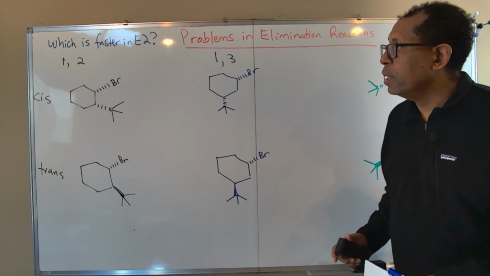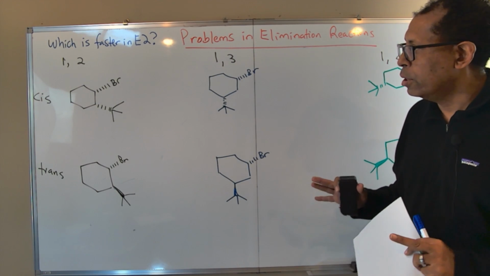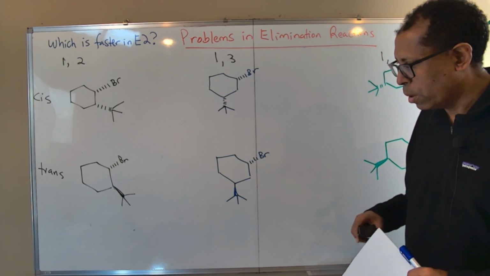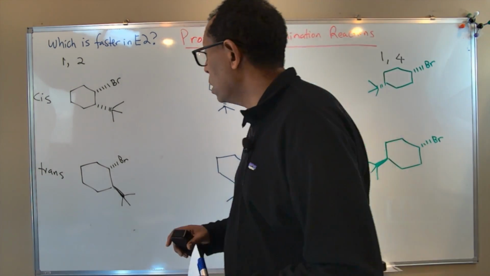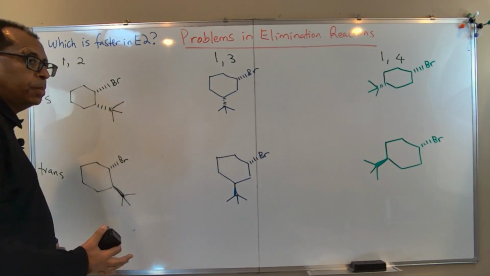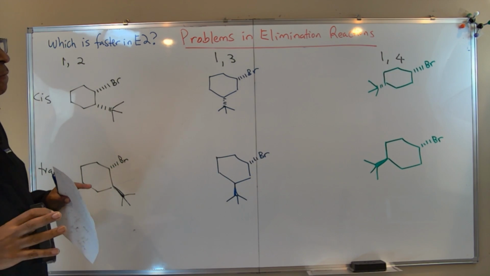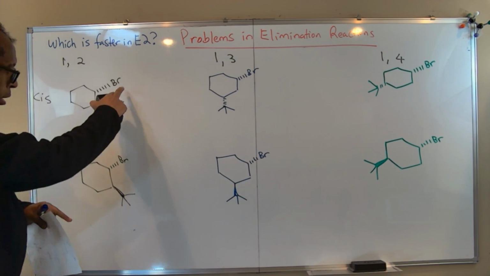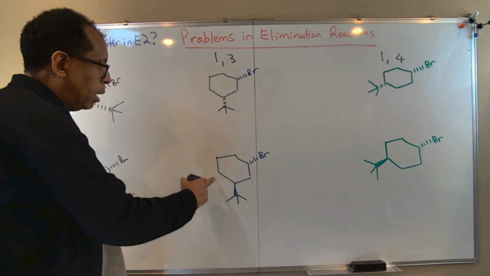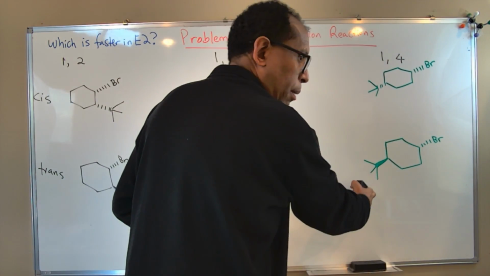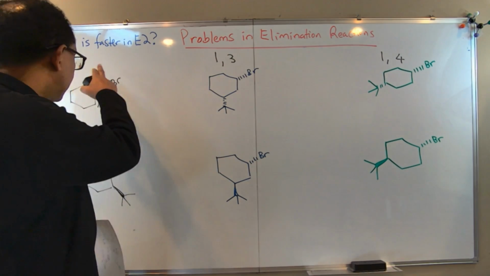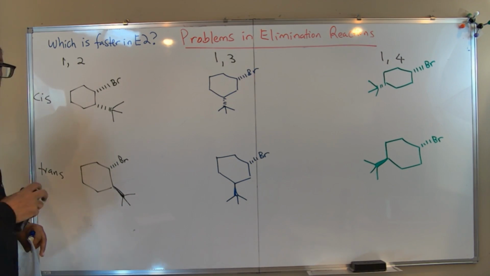All right, moving along, I have an interesting question on this board. This is an E2 reaction, and the question asks which one is faster. So there are a pair of compounds. This is a cyclohexane compound.